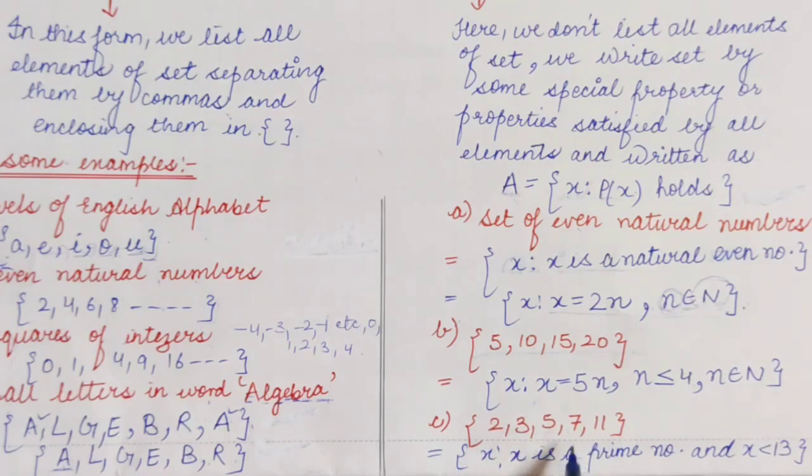So I will write the same thing as a property: x such that x is a prime number, and I have written this also, x is less than 13, because you can observe the prime numbers are only till 11. So x is less than 13, or you can also write x is less than or equal to 11. Fine. So both the answers will be correct.